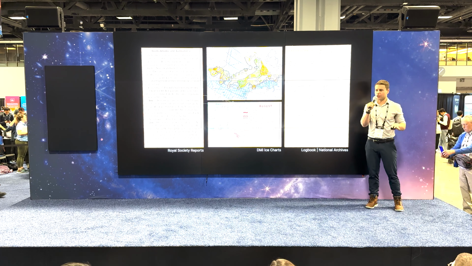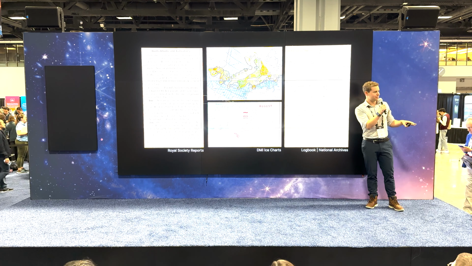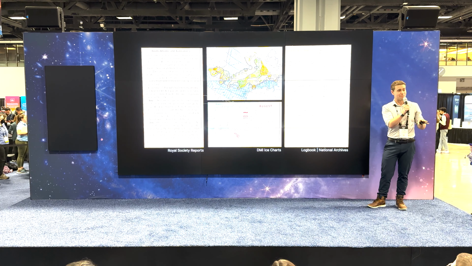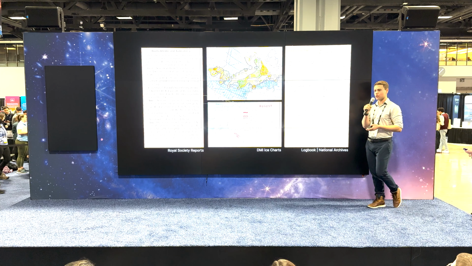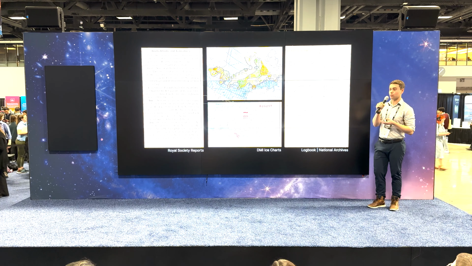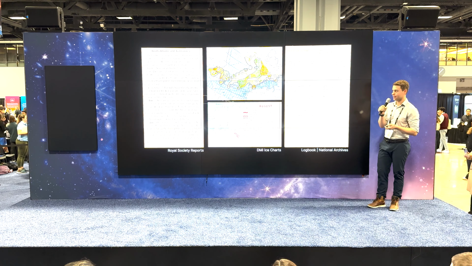Compiling all of this data together, they were able to create gridded estimates of how sea ice has changed dating back to 1850. Now, while these are estimates, they do give us a pretty good idea as to exactly what the Arctic looked like back then.